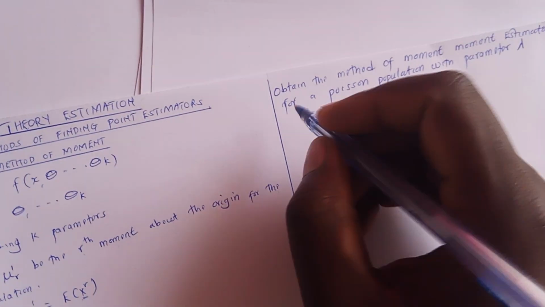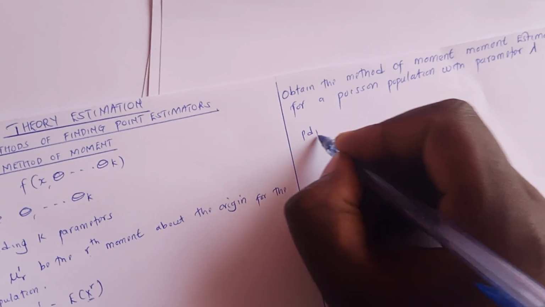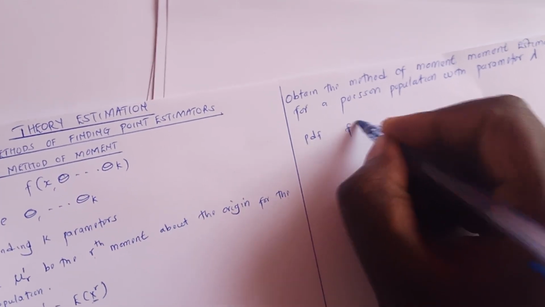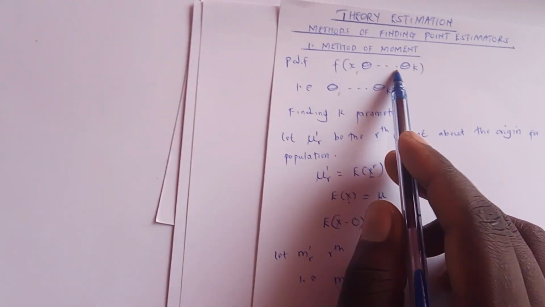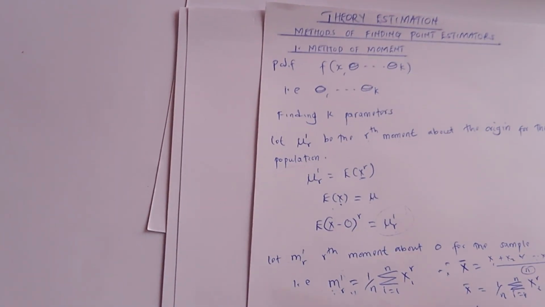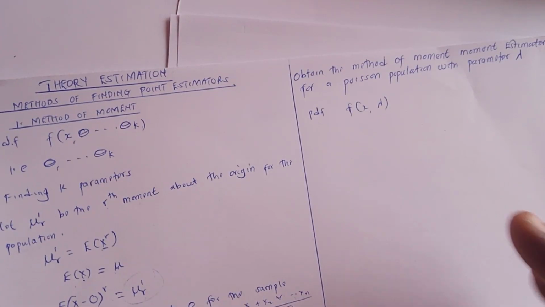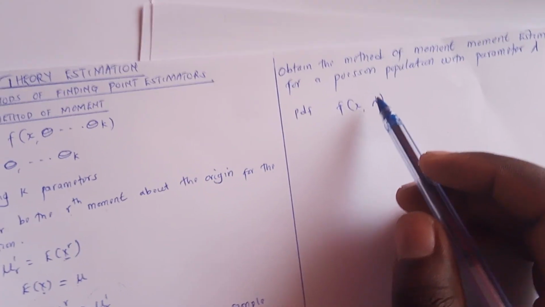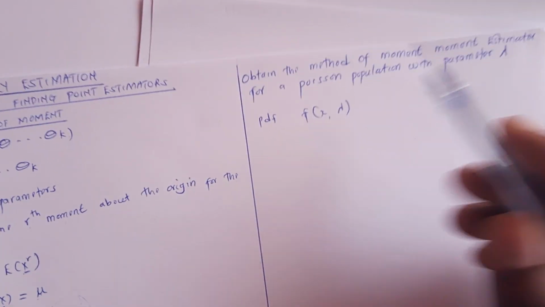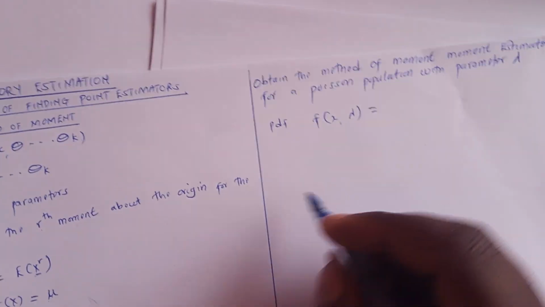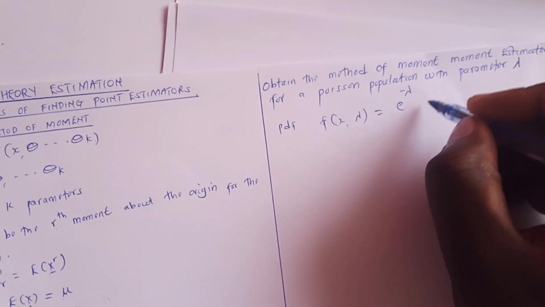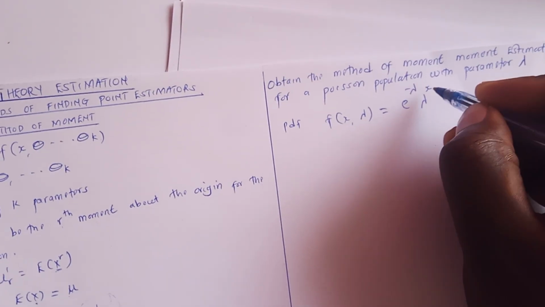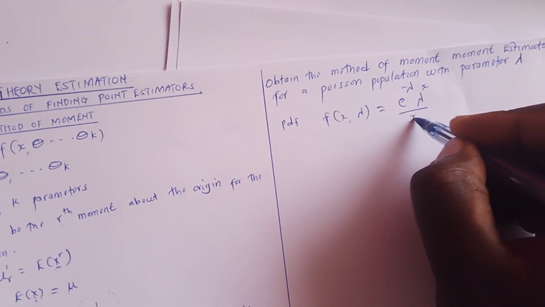In our case, our PDF is f of x, lambda, because it has parameter lambda. Earlier we used theta 1 to theta k, of which we were not specific. But for a Poisson distribution, we have a very specific form: e to the power negative lambda, times lambda raised to x, all over x factorial.